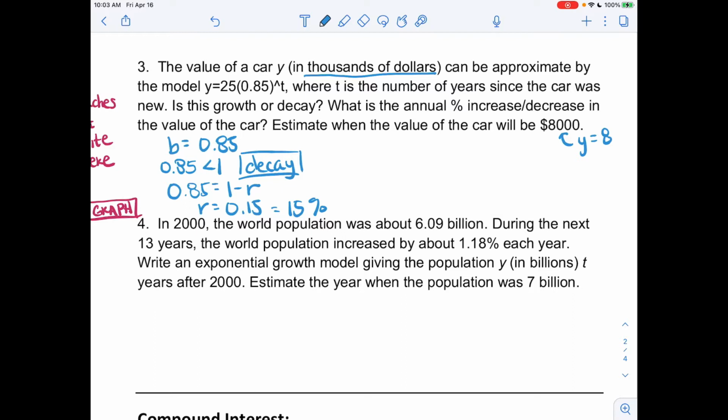So now we just want to figure out what t is when our value is $8,000 or a y value of 8. So we will find t when y equals 8.